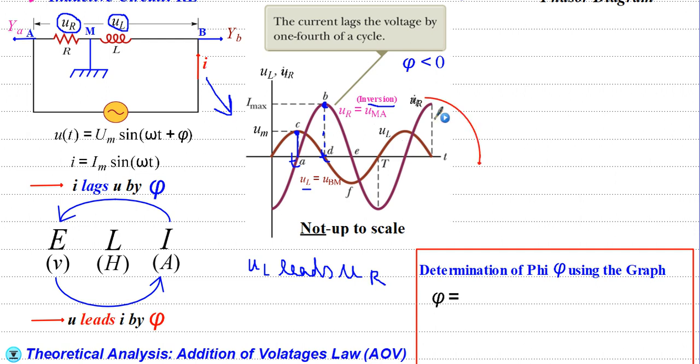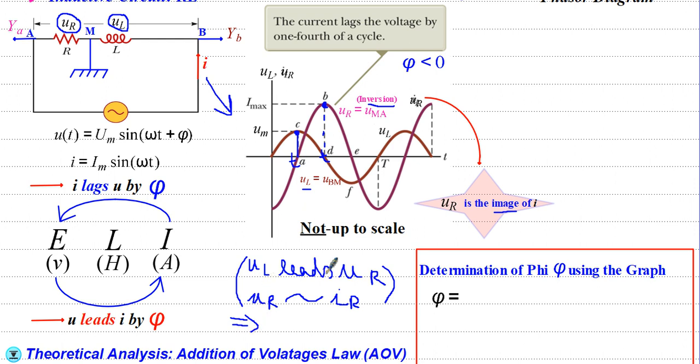However, we know that U of R is the image of i. So U of R is the image of i of R. Knowing these two facts, we can conclude the following.